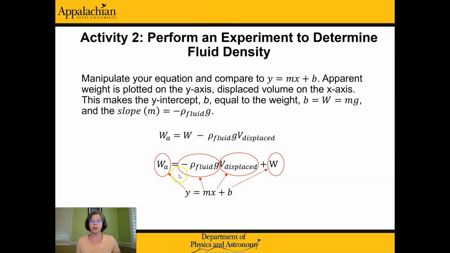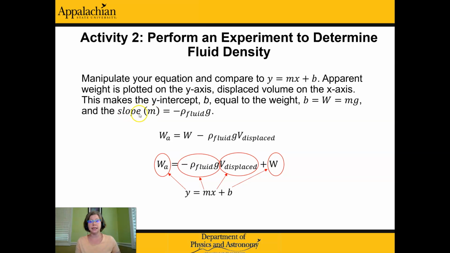Knowing my x and my y then designates anything in front of the x as my slope, and anything that is added on to the equation as my y-intercept. This designates my y-intercept to be equal to the weight of the object in air.